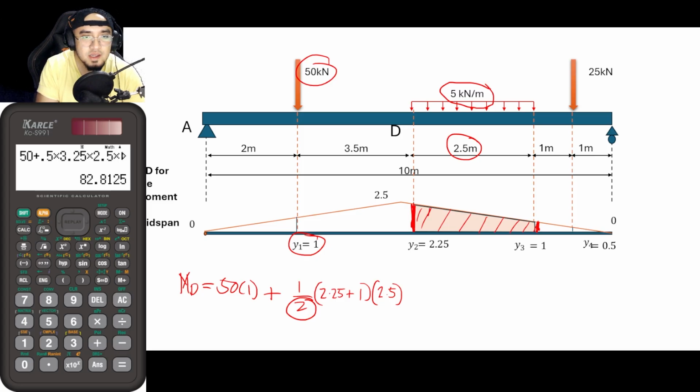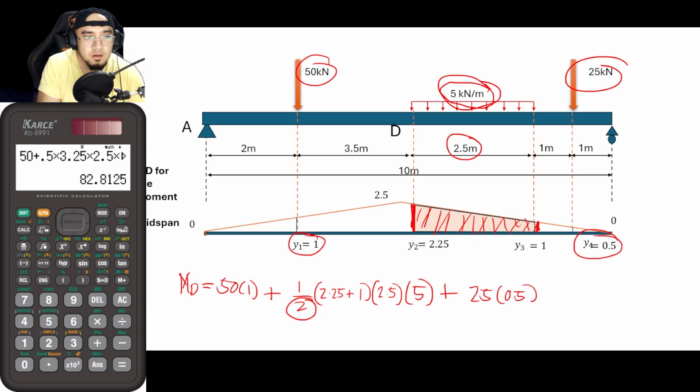Again, this is just this area here. So after solving for that area, multiply it by your uniformly distributed load of 5 plus 25 times 0.5. So solving for this value would give you the exact same answer.